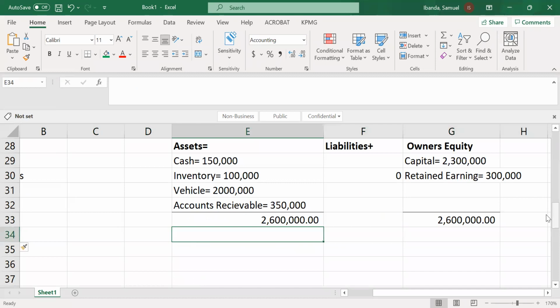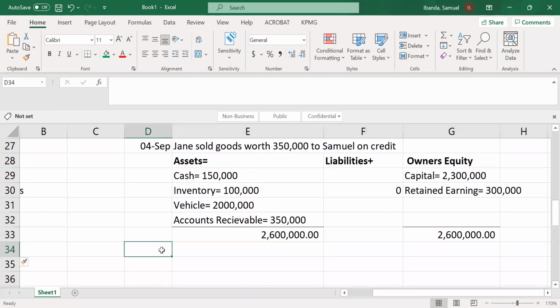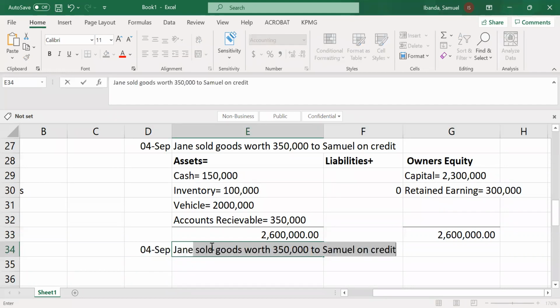Let's assume that on the same day, 4th September, Jen took a loan of 10 million shillings from the bank, to be paid in 3 years.